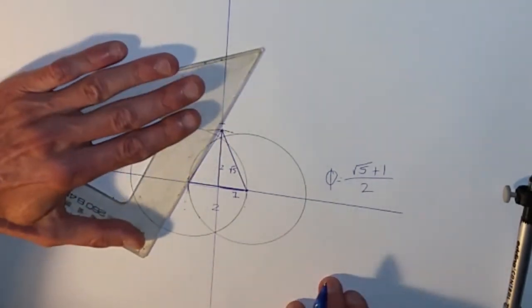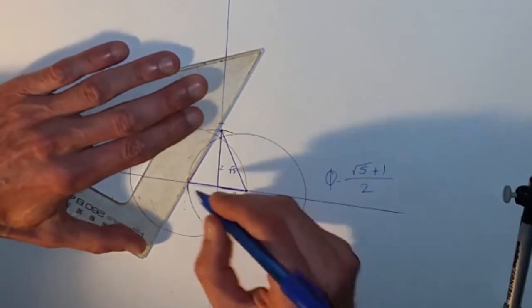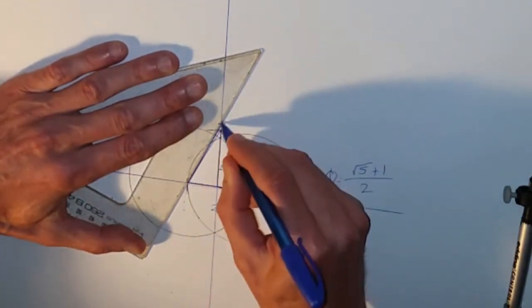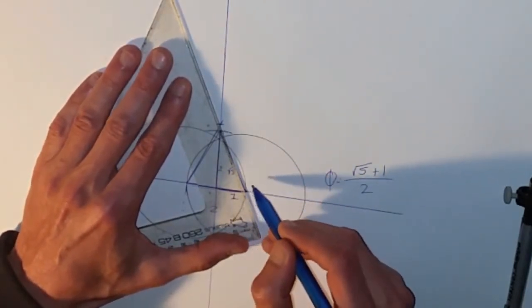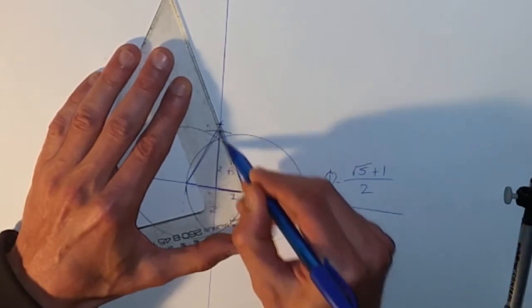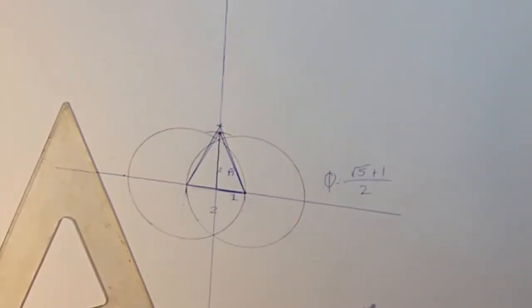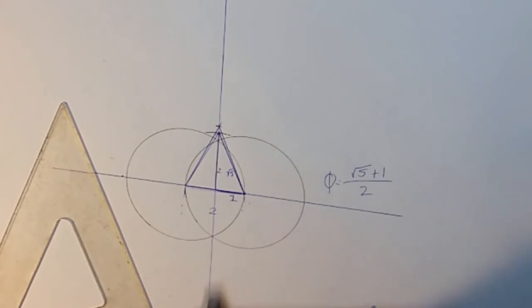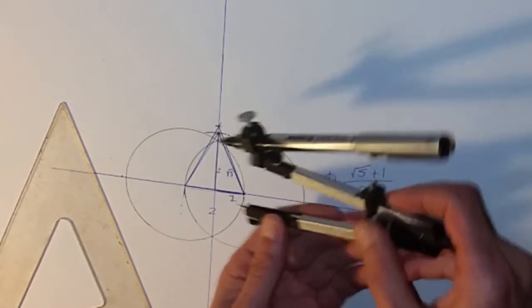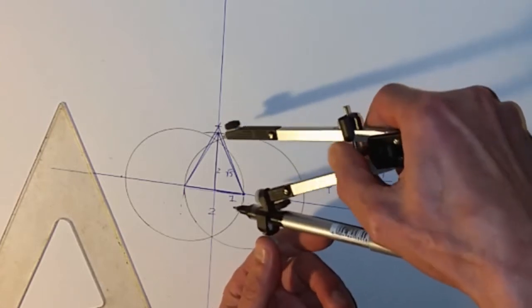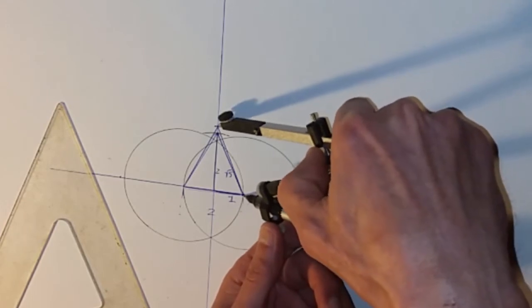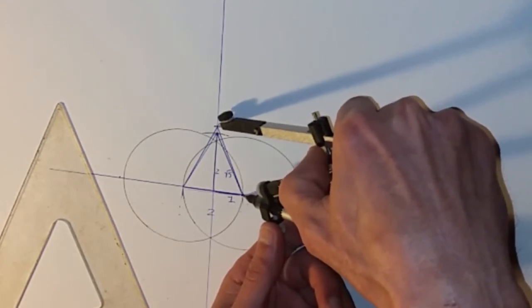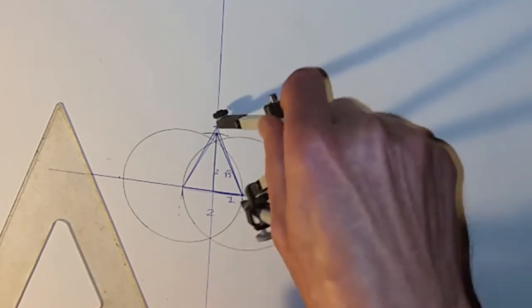So that's the triangle we now need to make. And we're going to turn that now into a pyramid. So set our compass, put your point at the pinnacle, set the compass to that length, which is slightly more than the interesting thing.